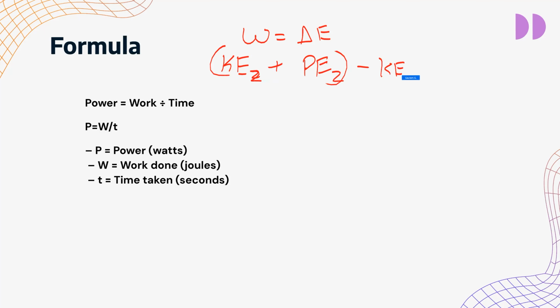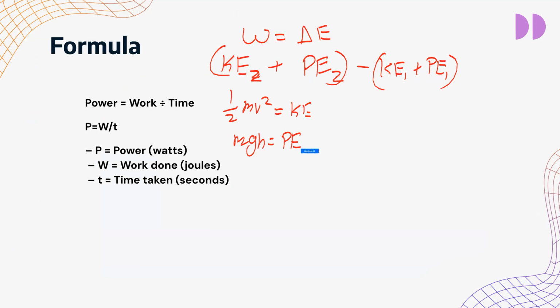Yeah. And then for the people who weren't here for kinetic energy and potential energy, it's just 1/2 mv squared is equal to the kinetic energy, and mgh is equal to the potential energy.